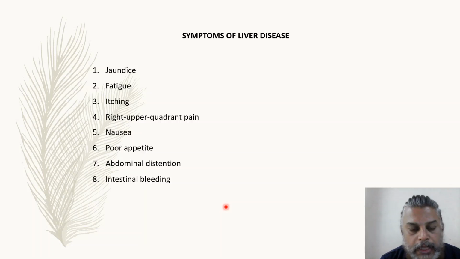And as we have discussed earlier, the symptoms of liver disease are the same: jaundice, fatigue, itching, right upper quadrant pain, nausea, decreased appetite, abdominal distension, and intestinal bleeding.